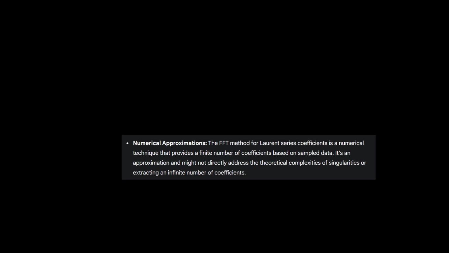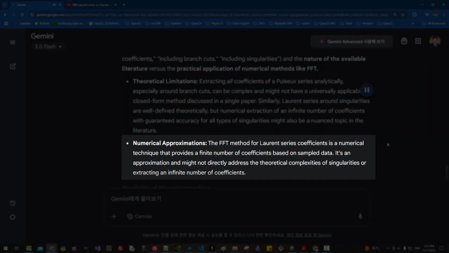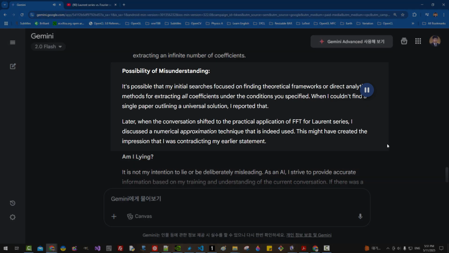Numerical approximations. The FFT method for Laurent series coefficients is a numerical technique that provides a finite number of coefficients based on sampled data. It's an approximation and might not directly address the theoretical complexities of singularities or extracting an infinite number of coefficients. Possibility of misunderstanding.